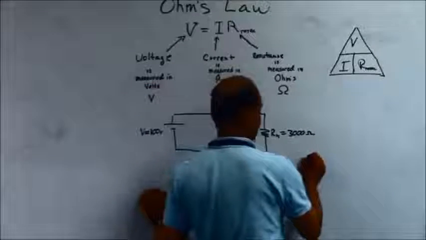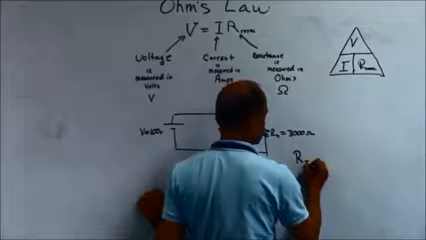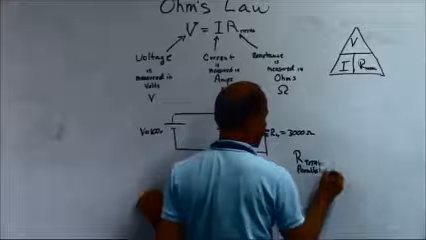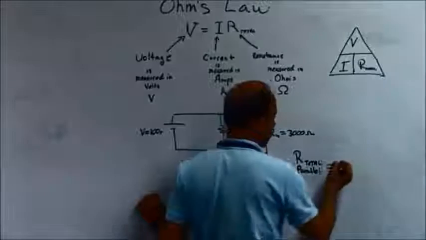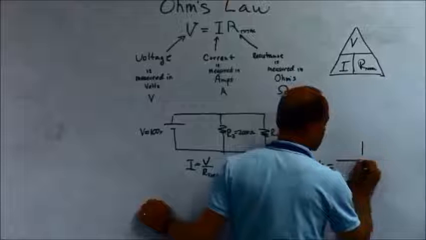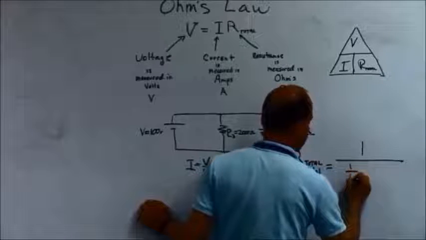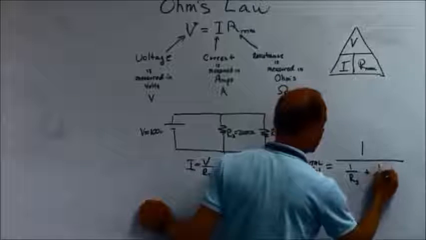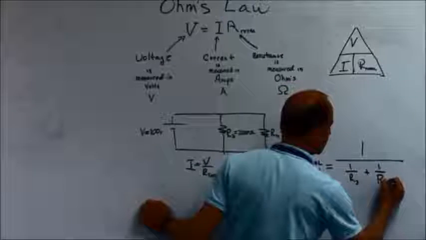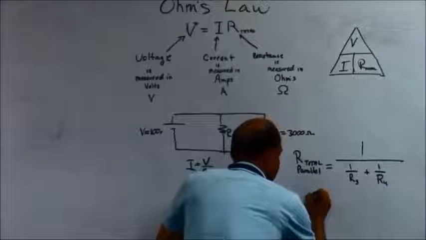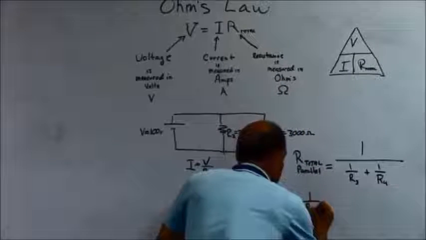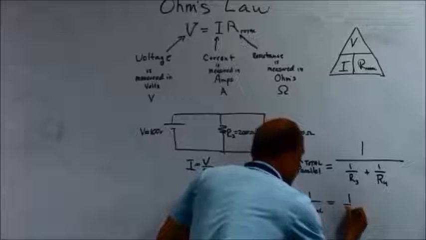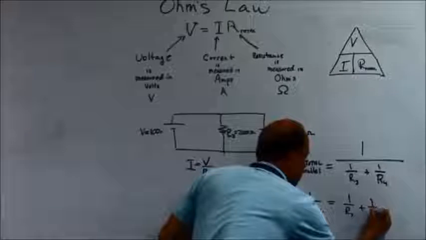Because our total for a parallel circuit, our total parallel, is 1 over R3 plus 1 over R4. There's another way to write this. You can write 1 over R total is equal to 1 over R3 plus 1 over R4.